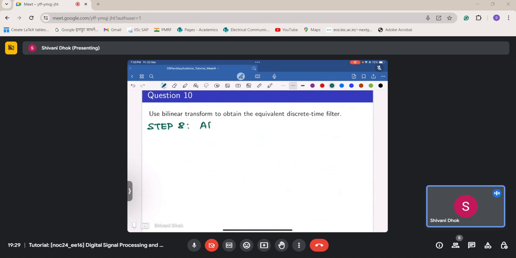So now we'll apply bilinear transform to get H of Z, that is discrete time filter.